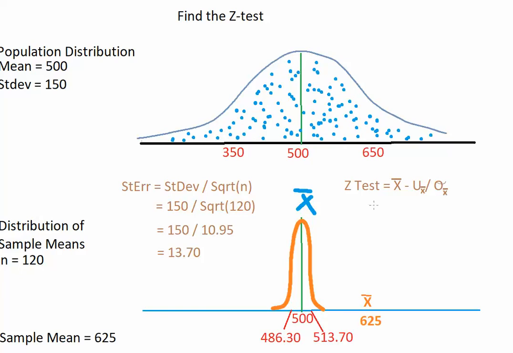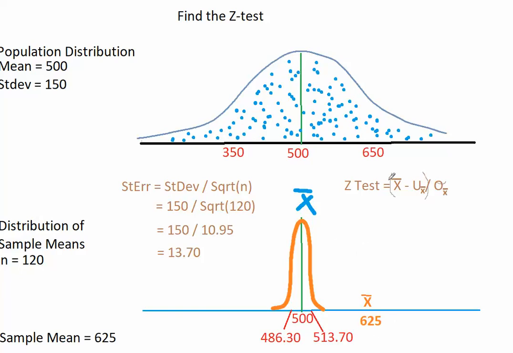To help us out, we have our z-test formula, where the z-test is equal to the sample mean minus the mean of all the sample means, basically the population mean, divided by the standard error, and we calculate the standard error over here. So our sample mean, 625, minus population mean of 500, divided by the standard error of 13.70.